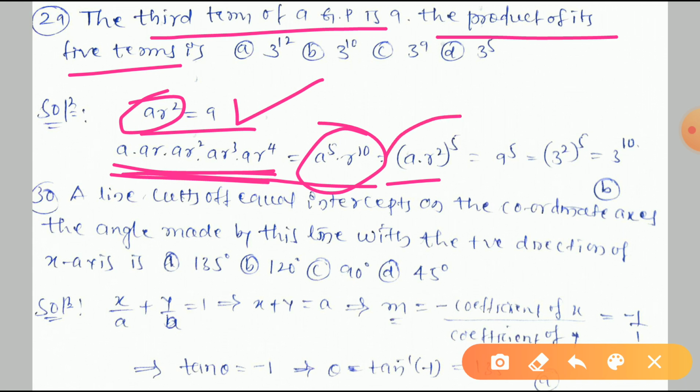AR square is equal to 9, so put 9 raised to 5. 9 can be split into 3 square whole raised to 5, which is 3 raised to 10. Therefore the right choice of this question is 3 raised to 10, option B.